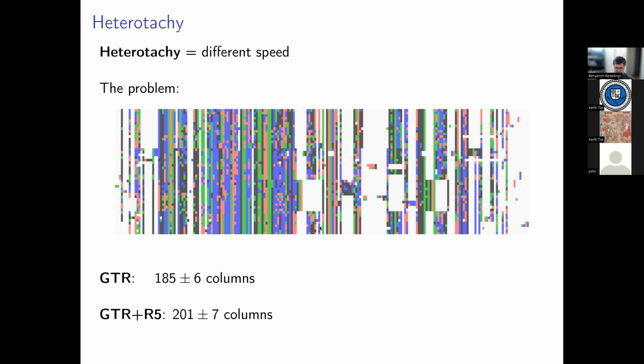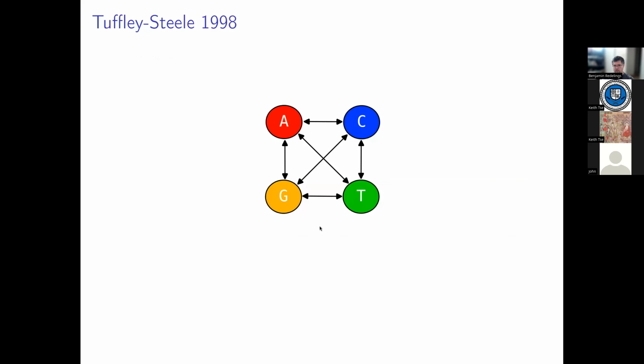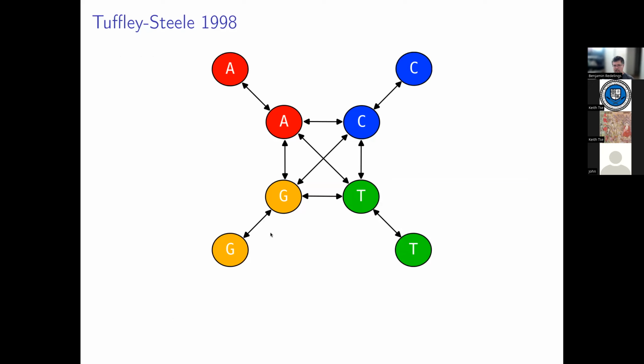So how can we solve this? We solve this via a model called the Tuffley-Steel model, where instead of having only 4 states in our Markov chain, A, C, G, and T, we switch to having 8 different states. Each state is split into an on and an off version, and the off version can't change to a new letter.